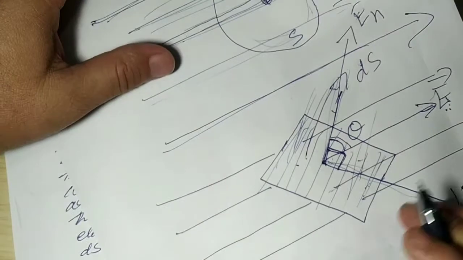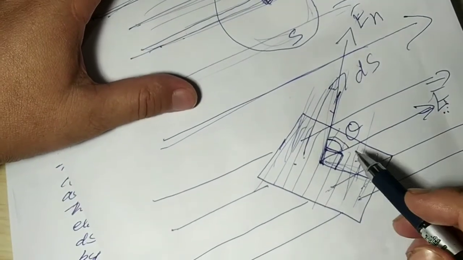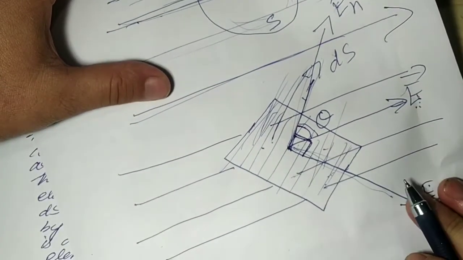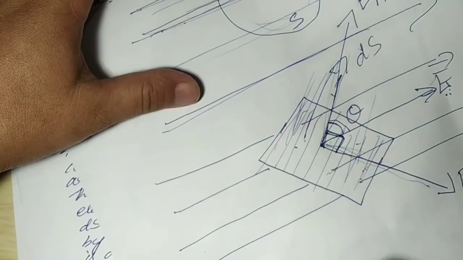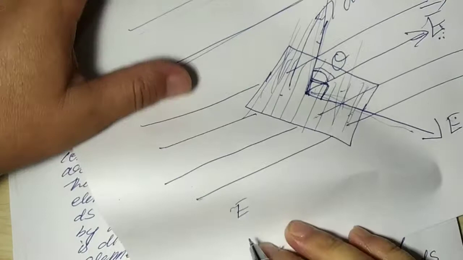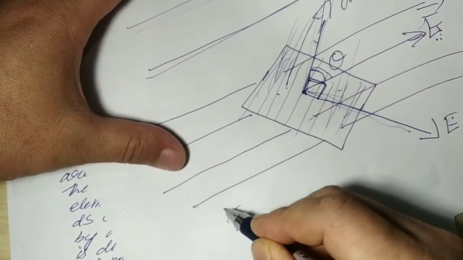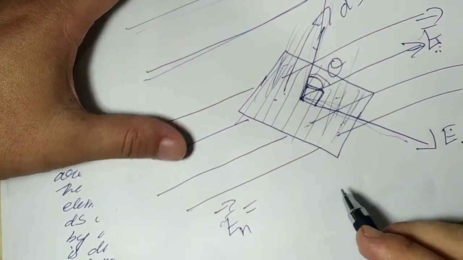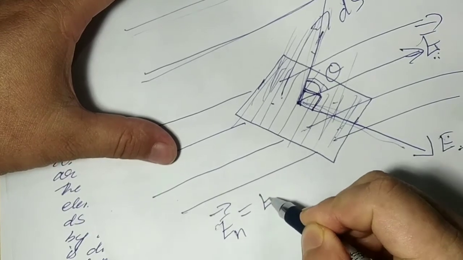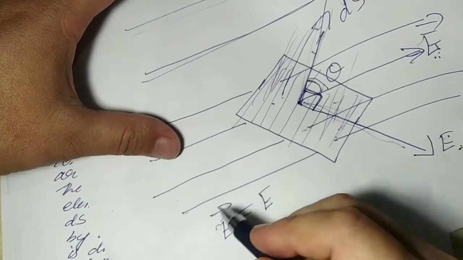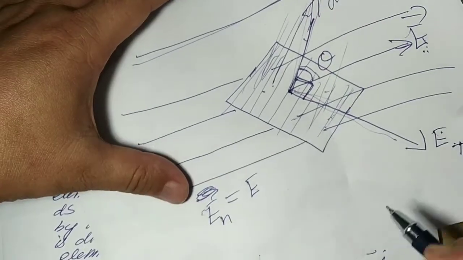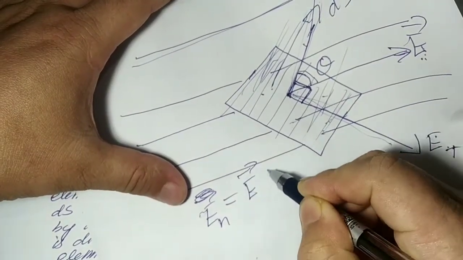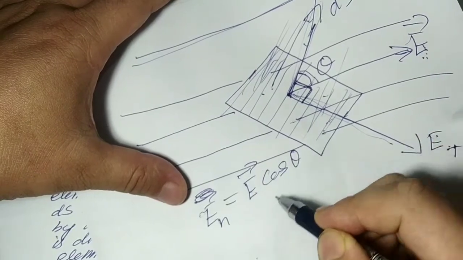So what are the two components? What is the component of this one? En should be E cos theta.